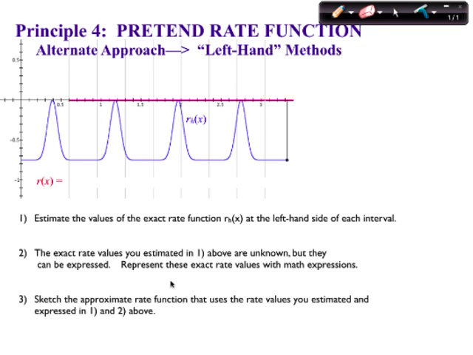So what notation or what tool do we have that we can actually represent those values exactly, even though we don't know their exact values? And then once you've done those first two things, you're going to sketch that approximate rate function based on the left-hand method, not the eyeball average method.